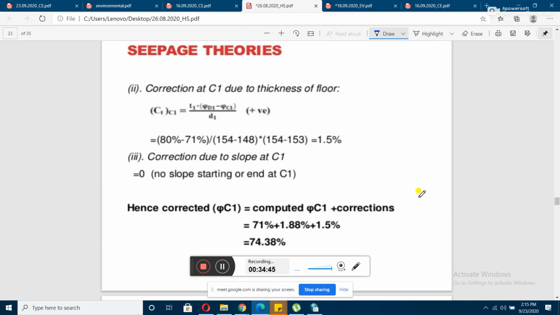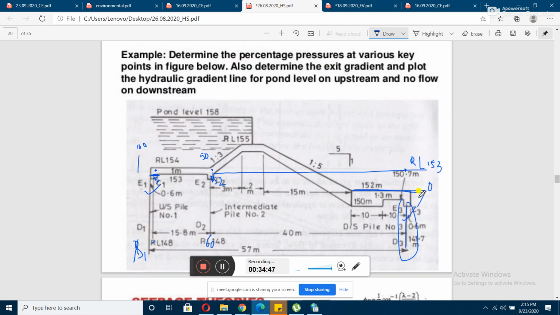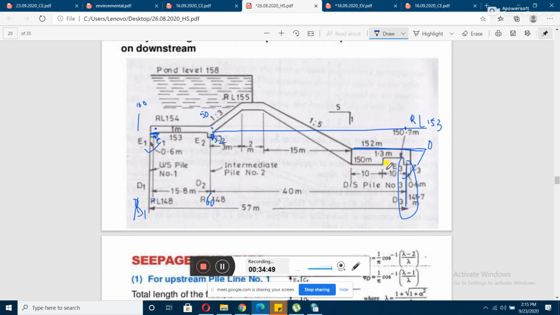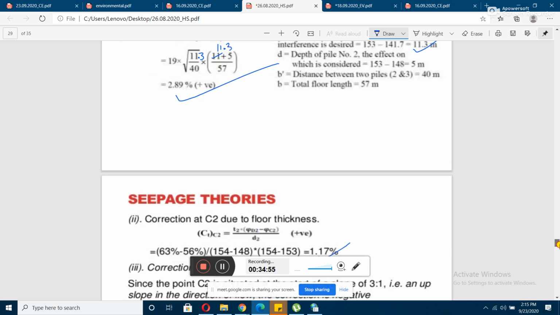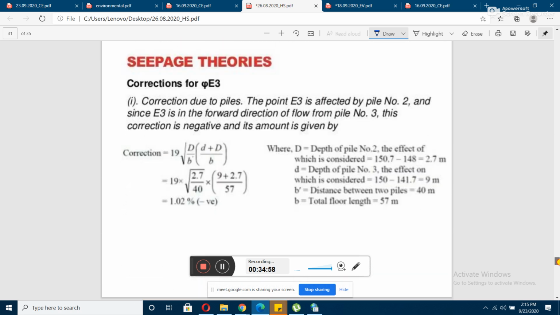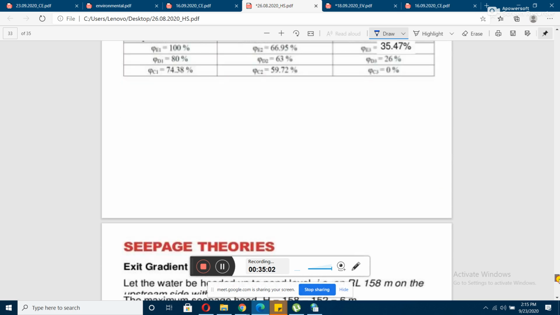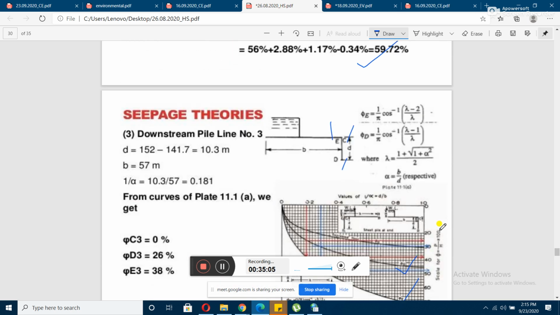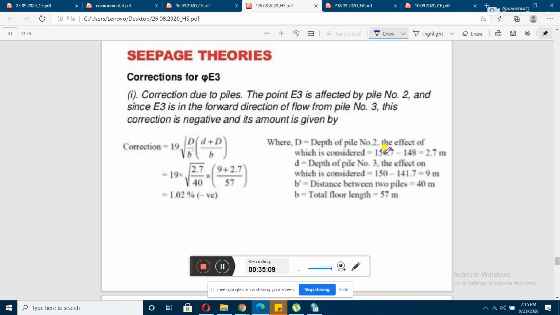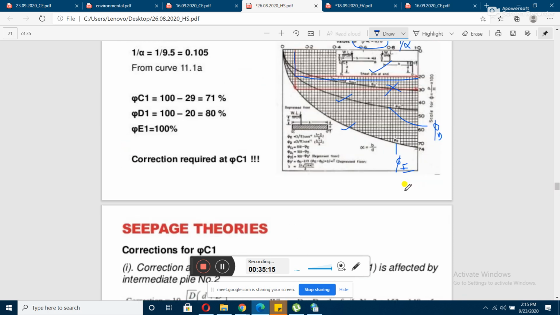Look at this original diagram. 150.7 minus 148, the influential pile.